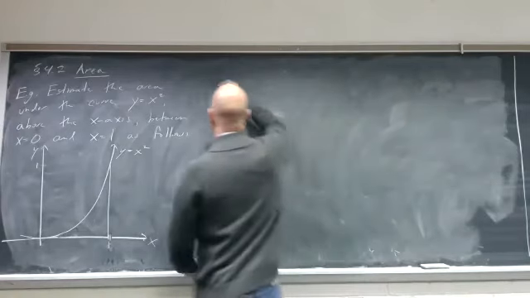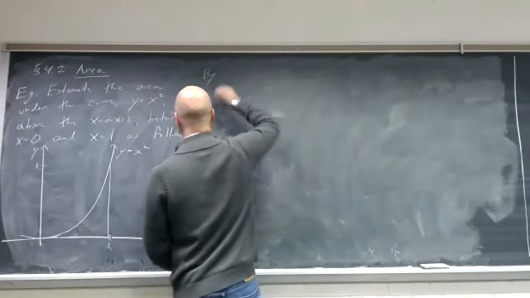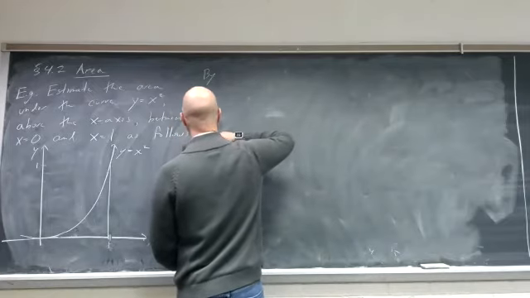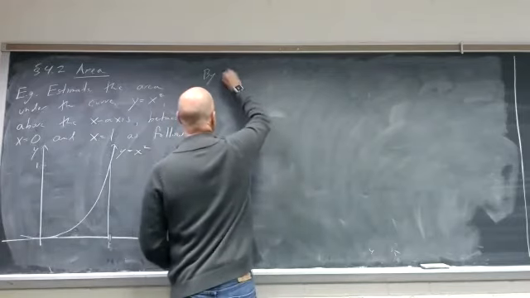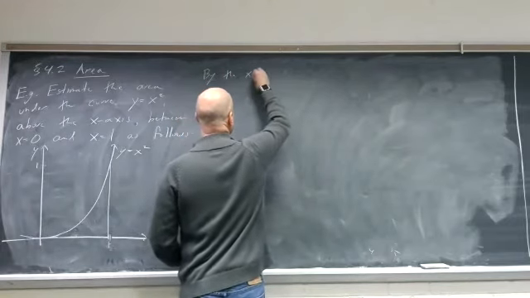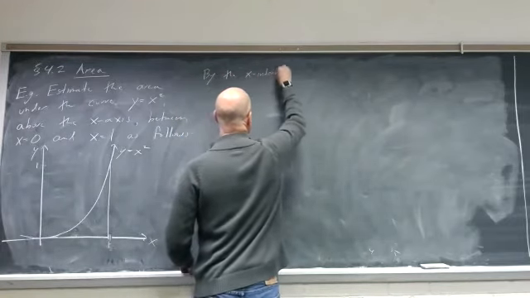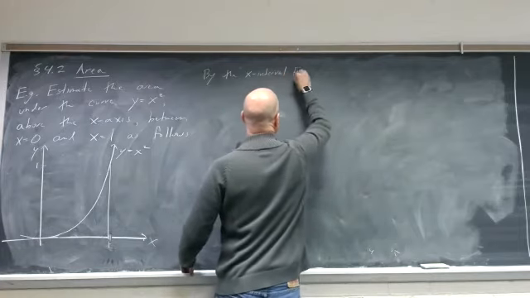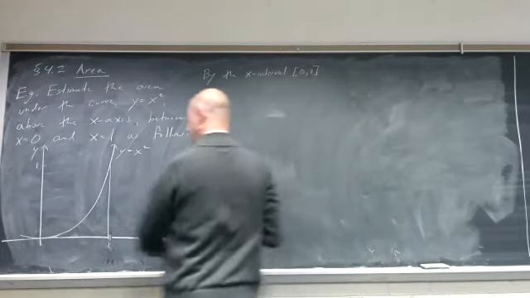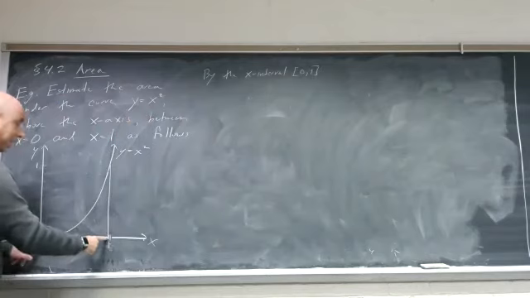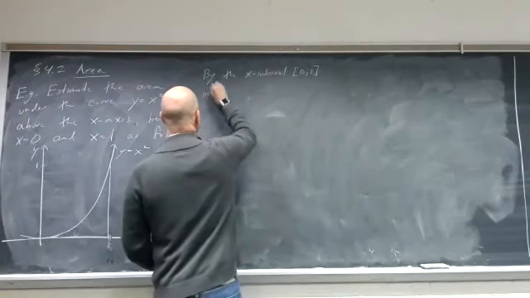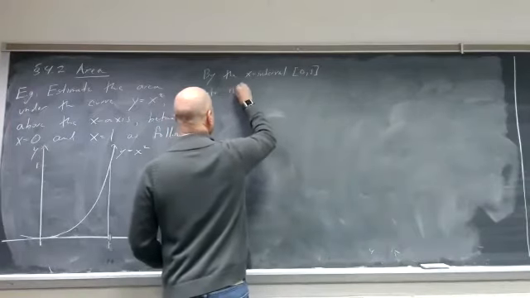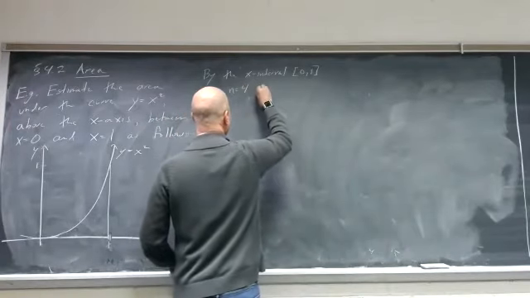So by breaking the x interval 0, 1, the region on the x-axis between x equals 0 and x equals 1, into n equals 4 equal parts.